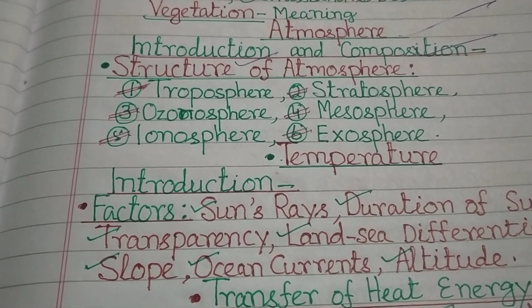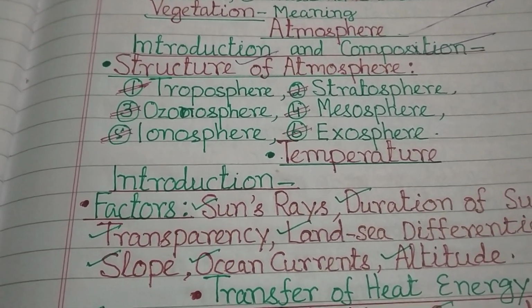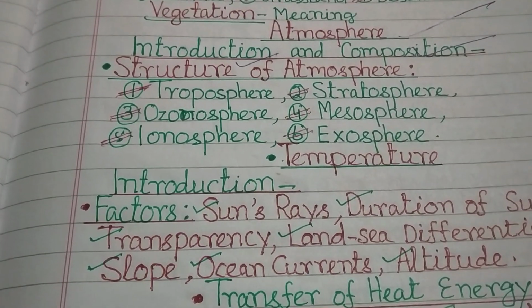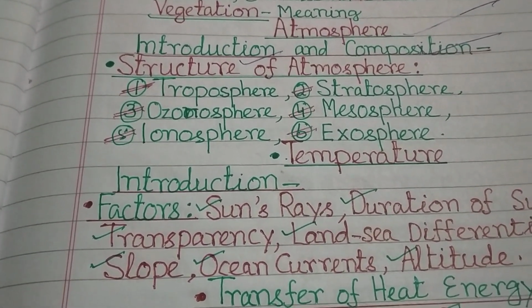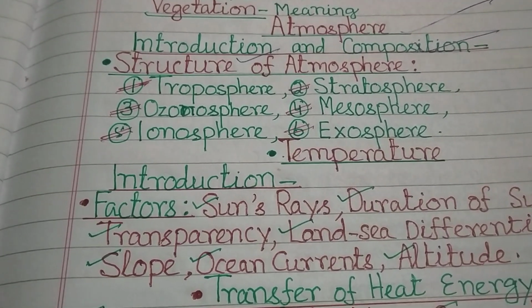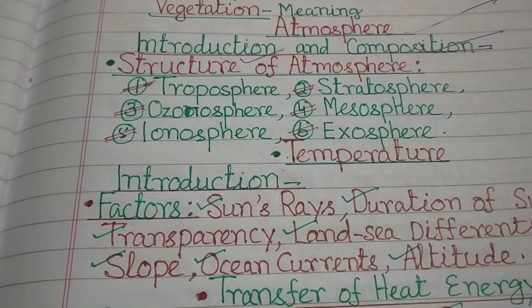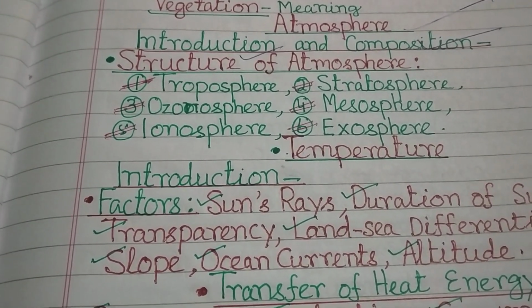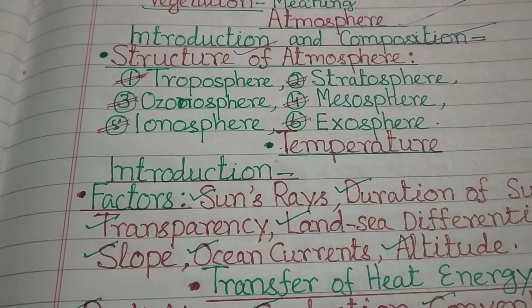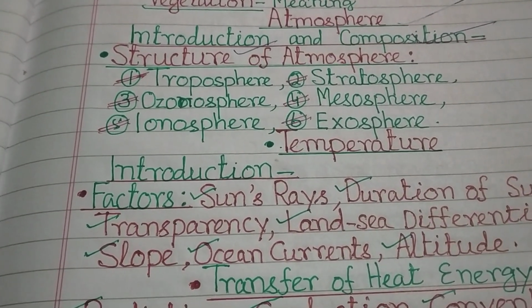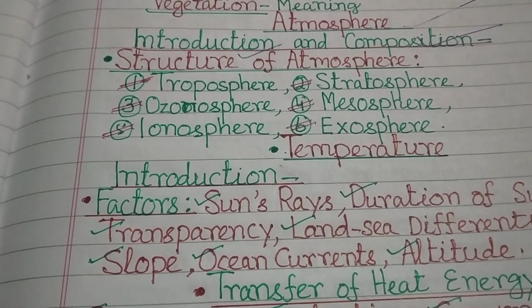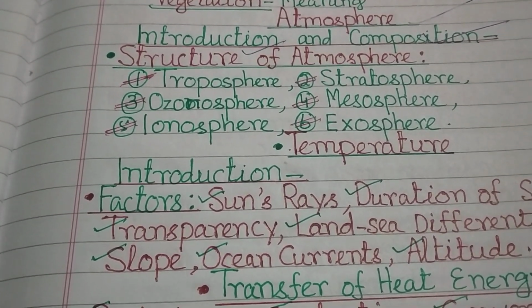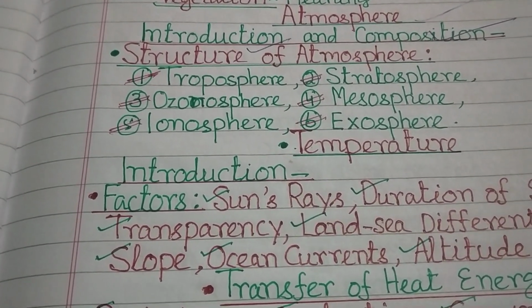Our planet Earth is enveloped by a deep blanket of gases extending several thousands of kilometers above its surface. This gaseous cover of the earth is known as the atmosphere. Like land, the lithosphere, and water, the hydrosphere, the atmosphere is an integral part of the earth.